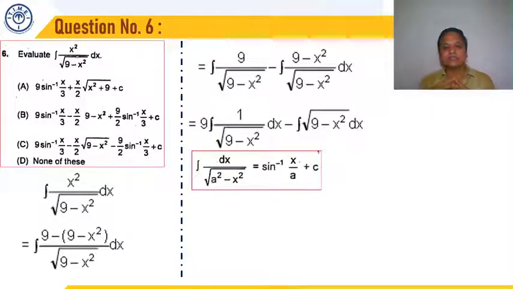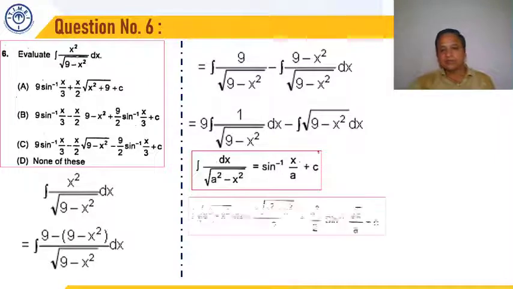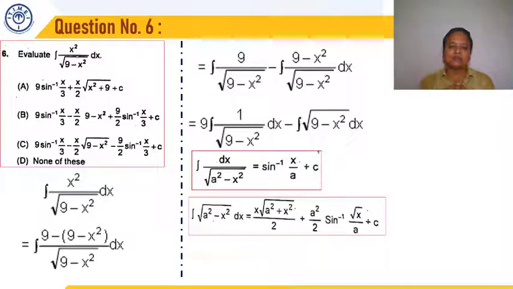So first says dx upon root a square minus x square is sine inverse x by a plus c, which in the first integral we can apply. It's a standard formula. And second, under root of a square minus x square dx is x by 2 under root of a square minus x square plus a square by 2 sine inverse x by a.